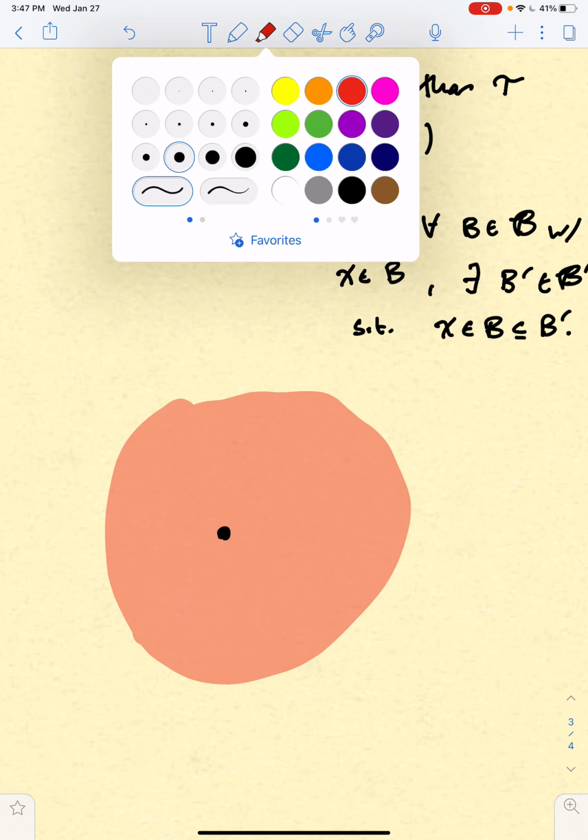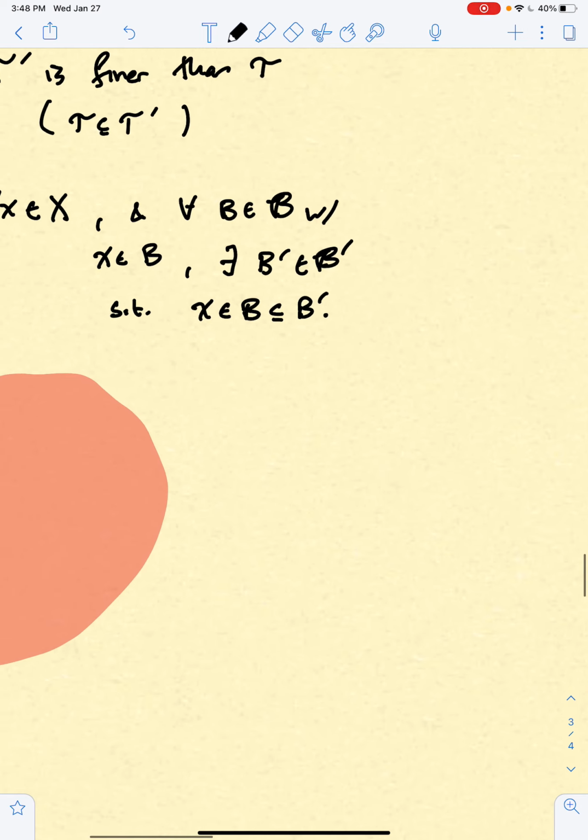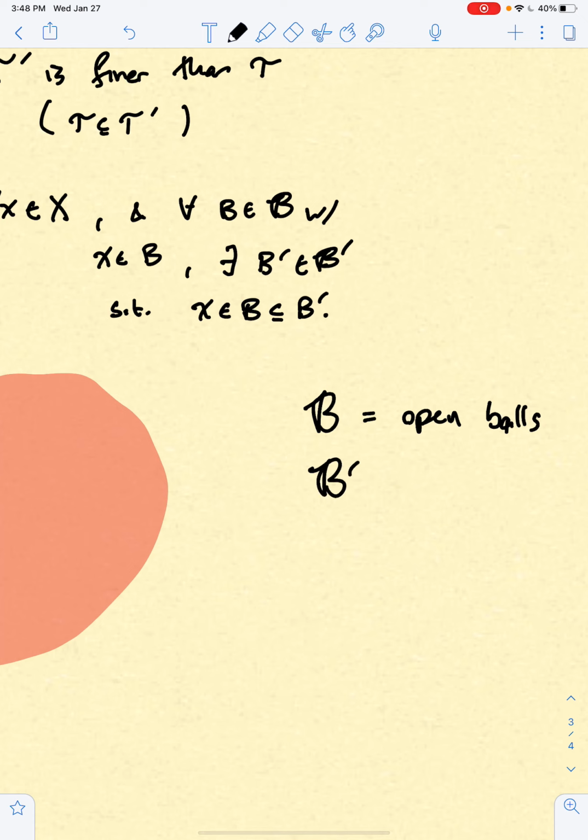Here's my x, and here's my basis element b. So what this says is that I can always find another basis element in the other. Here this will be open balls, and this one will be open rectangles.